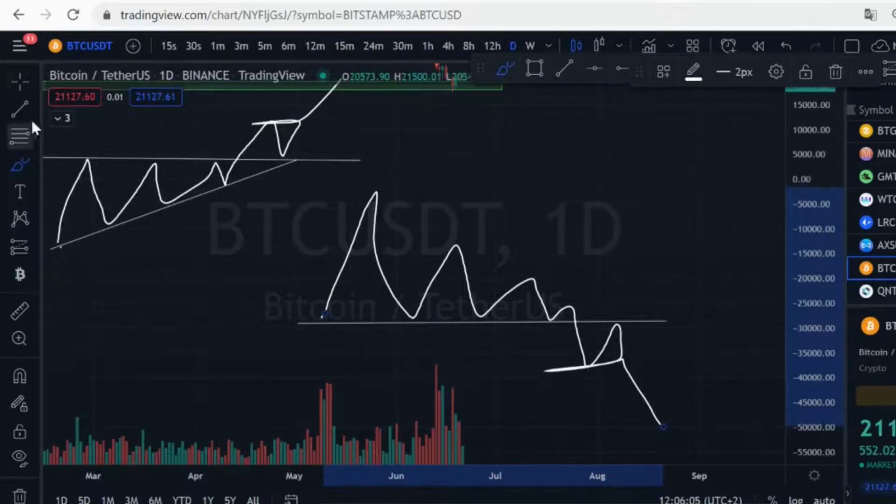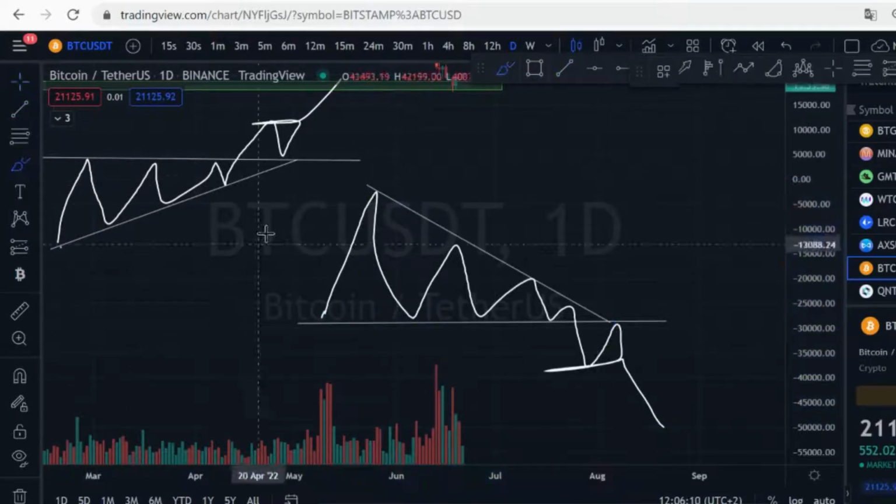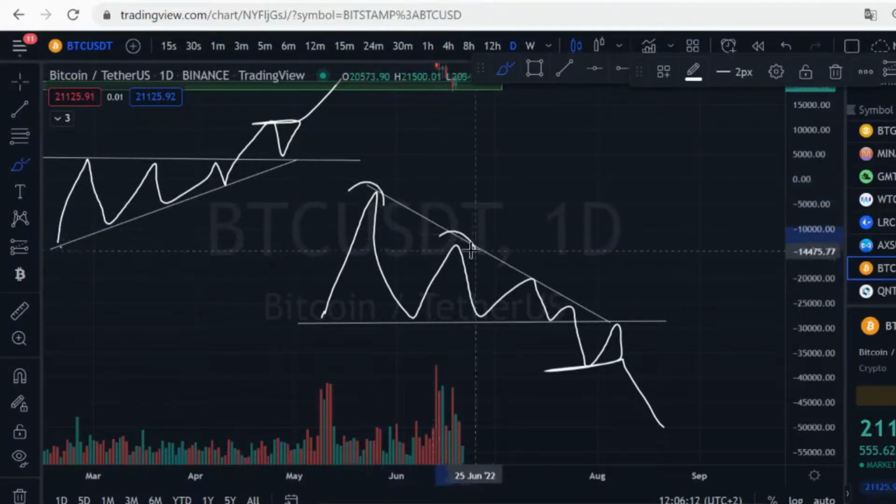So therefore I draw this one for the top, and price is making lower highs.